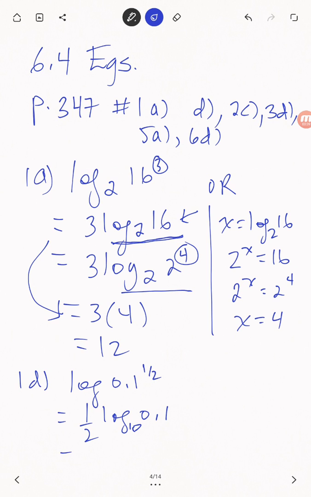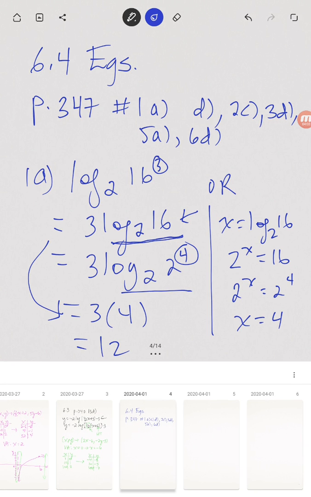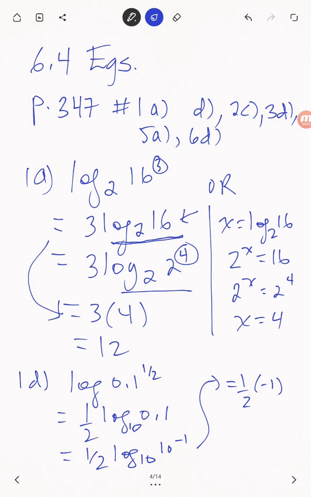So again, we have the same two choices. We can write 0.1 with base 10, which would be 10 to the negative 1, because 1 over 10 is 0.1. And then that would make it equal to 1/2 times negative 1, applying my log property that says that when the base of the log and the base of the exponent are the same, then the answer is the exponent on the power.